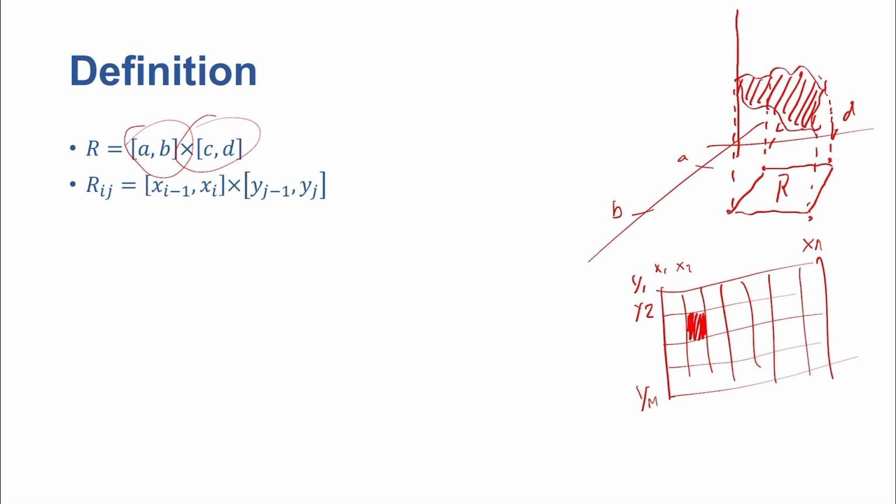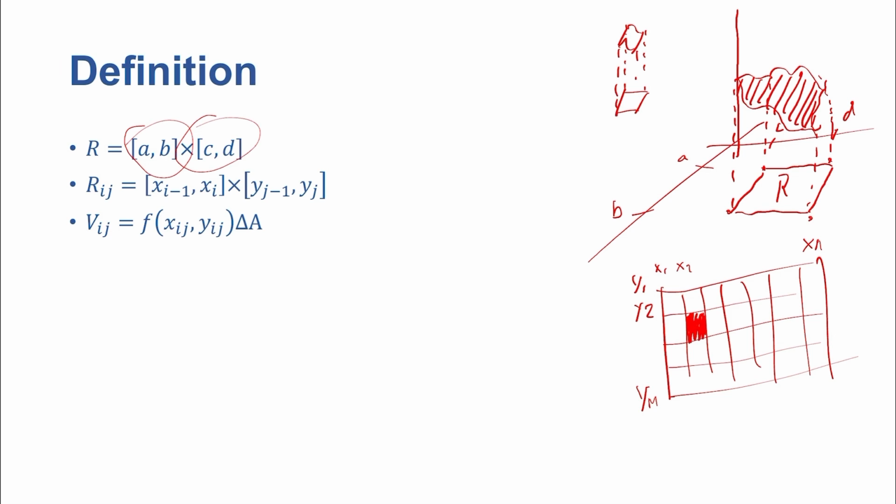Okay, so now what we want to do is we want to sum all of these up and find the volume of one of these rectangles. So if I have my surface, so if I have a little rectangle, this is r sub ij here, and then that is underneath some little bit of surface, right?